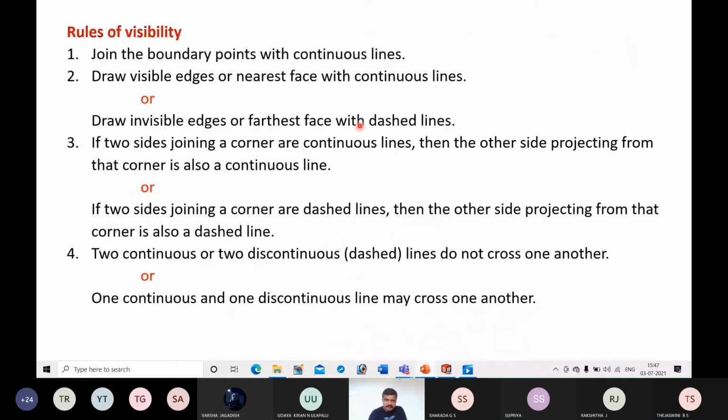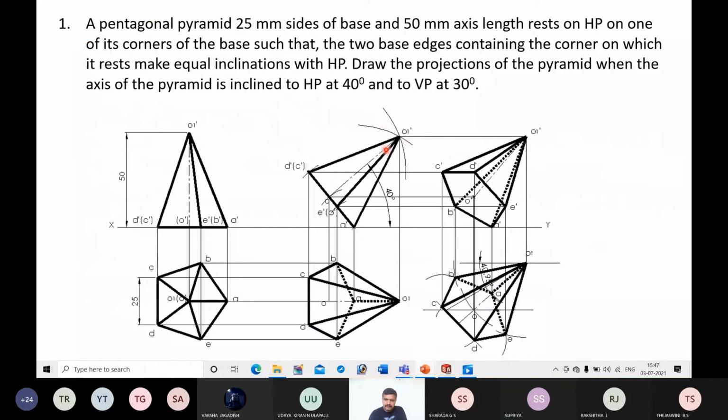So draw visible edges or nearest face with continuous lines. In case of a pyramid, apex is nearer, base is farther, so the base will become invisible. Next I will connect the remaining points of the base using dashed lines.